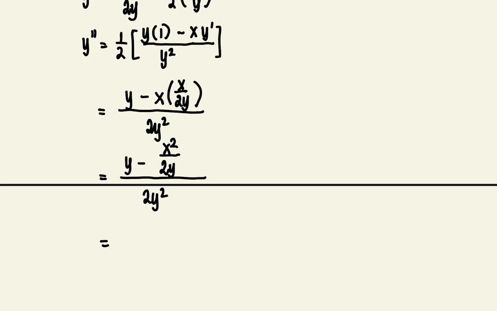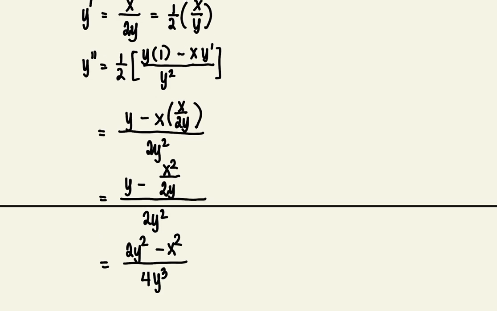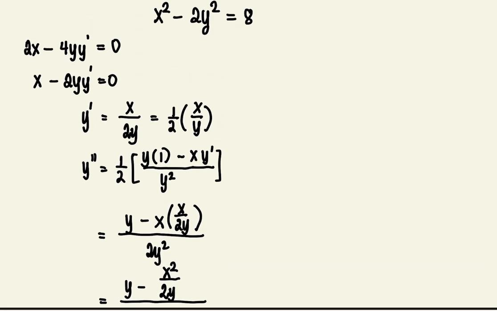And that would give us 2y squared minus x squared all over 4y cubed. Because this will be multiplied to this denominator here, that's 2y. So that gives us 4y cubed. So we'll stop right there and we'll proceed with the implicit differentiation of the first derivative.